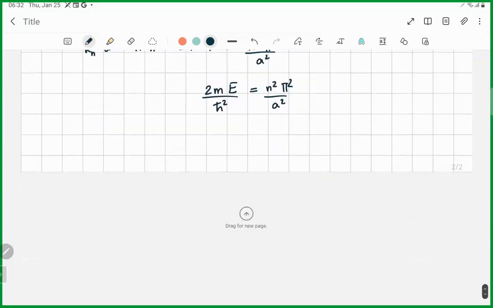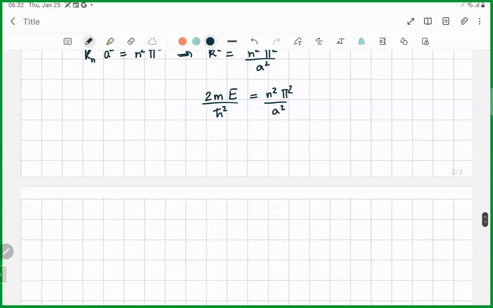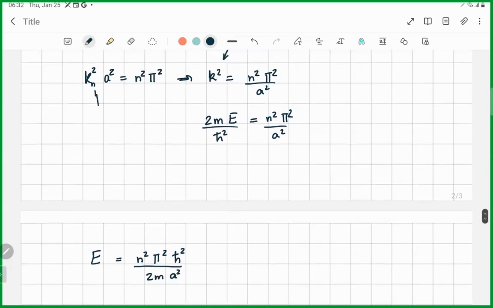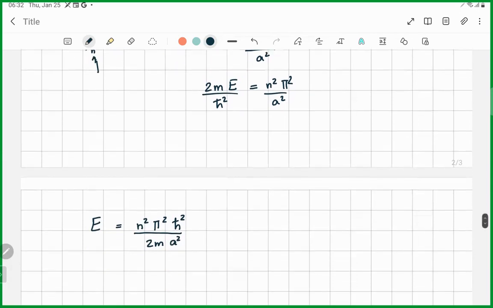All right, so we finally found an expression for the energy. Let's rewrite it. Isolating energy here, we have n squared pi squared h bar squared divided by 2ma squared. Now, for the same reason that I put this index here for the k, I'm going to put this index here for the energy. This is the solution. We found the energies for this scenario of the infinite square well.